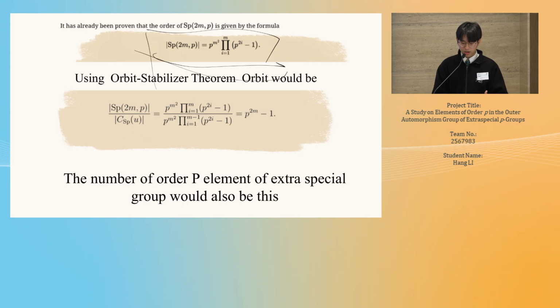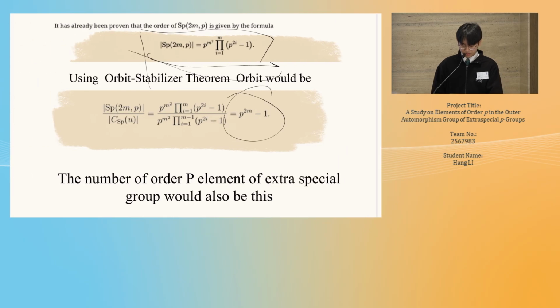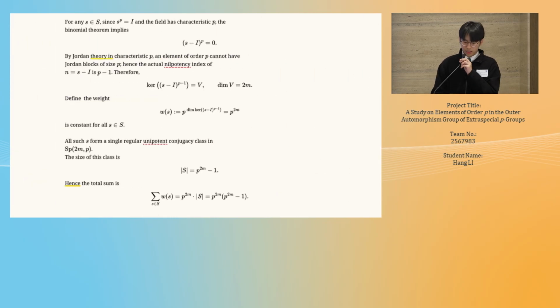So we just need to divide the order of the symplectic group by the order of the centralizer, and we get the order of the orbit, and the orbit is the number of the order P elements in the outer automorphism group of the extraspecial P group.